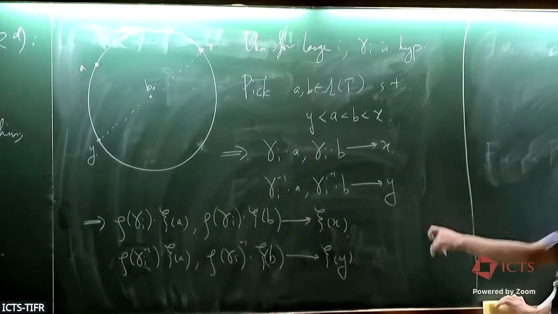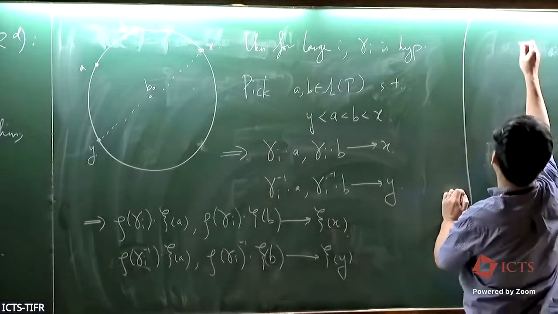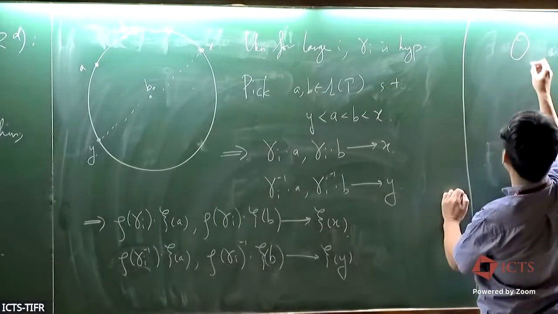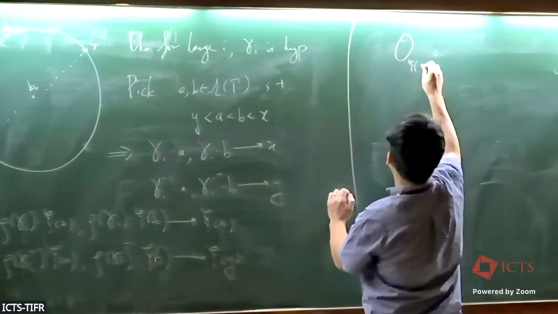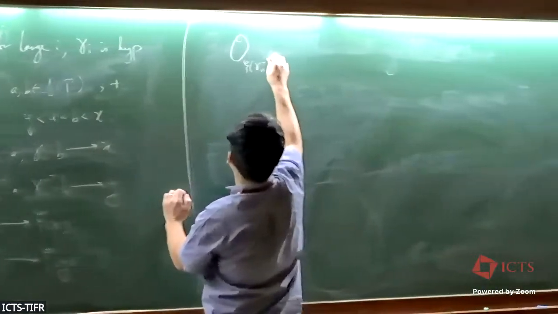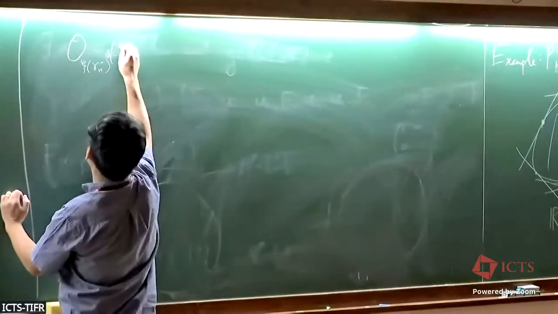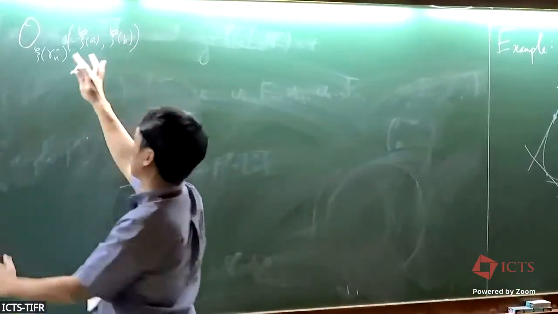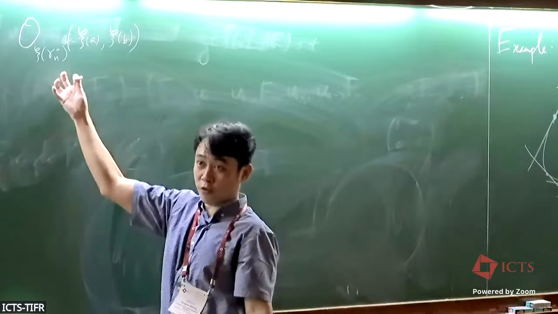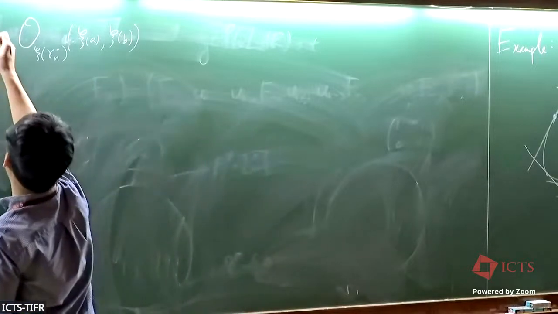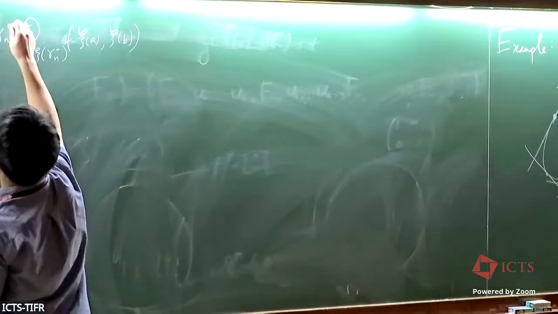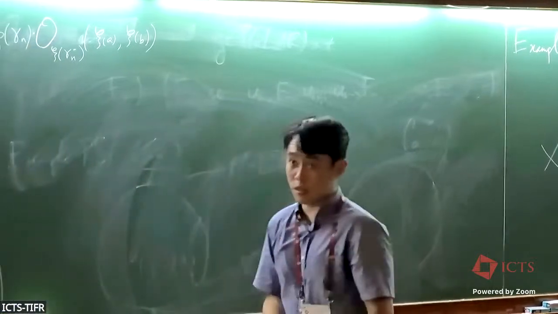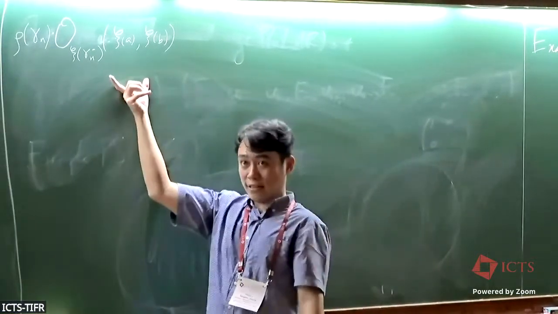But now you can take these open sets. You can look at the open set which I call O of C(gamma_n minus), C(A), C(B). Your map is positive, so this is a positive triple. You apply rho gamma_n to this. So this is an open set in your flag manifold.